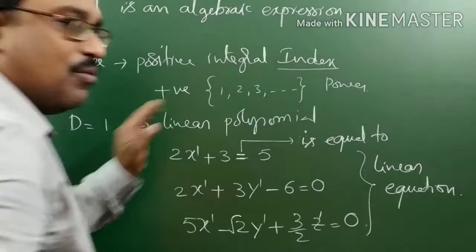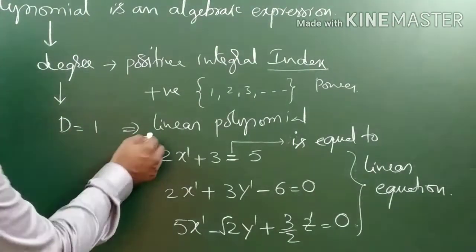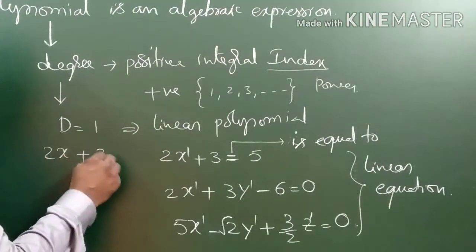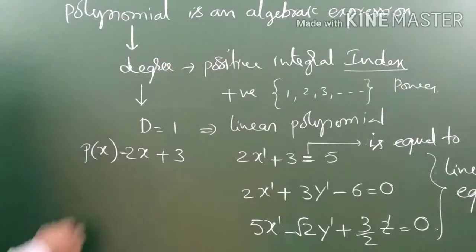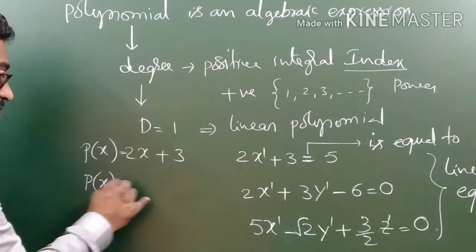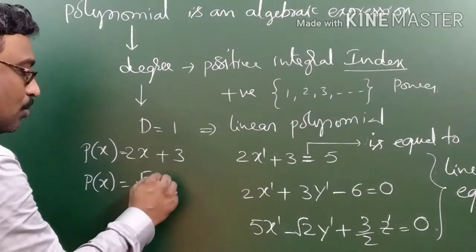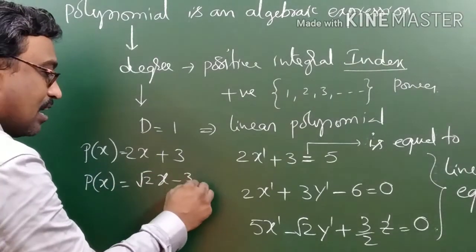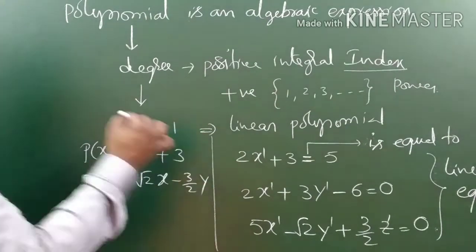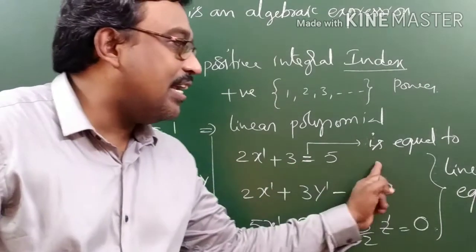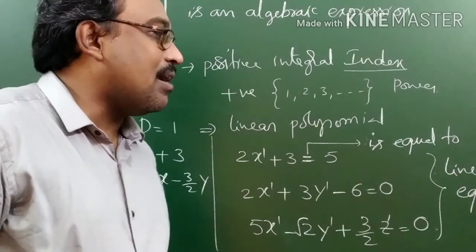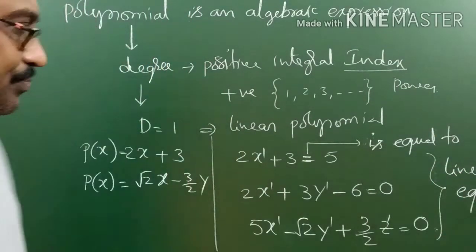A linear polynomial is 2x plus 3, where p of x is that, or else p of x is root 2x minus 3 by 2y. These are all linear polynomials. If I add the symbol is equal to, then it becomes a linear equation.